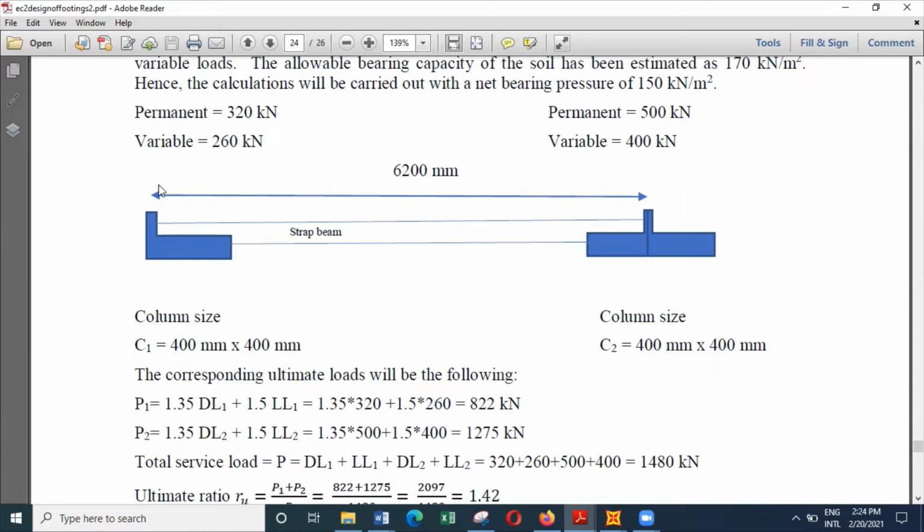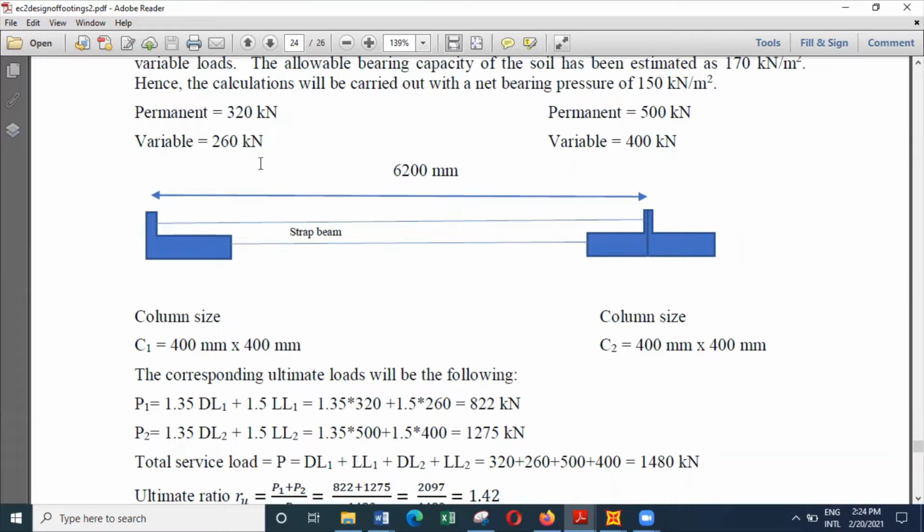So P1 will be 1.35 times 320 plus 1.5 times 260. And similarly, we can find the ultimate load on the inner column, and that is 1,275 kilonewtons.